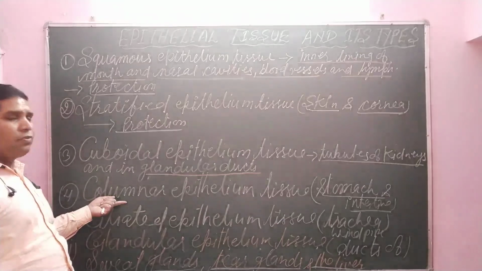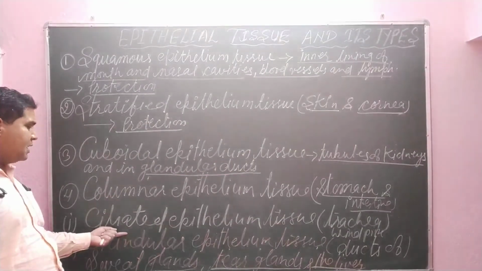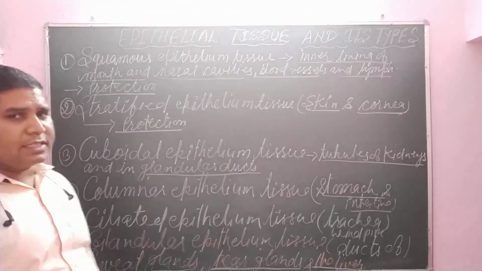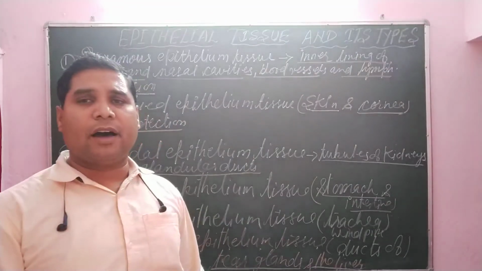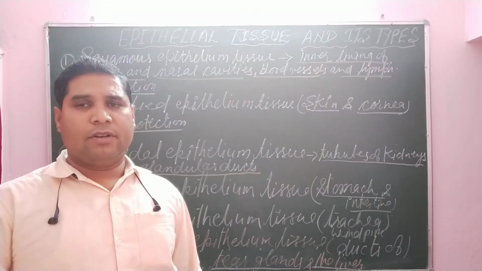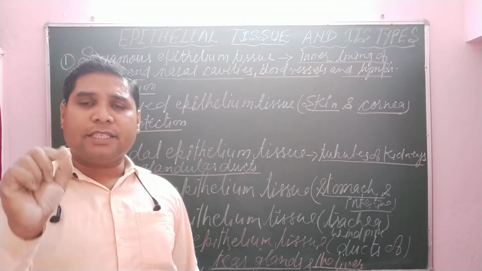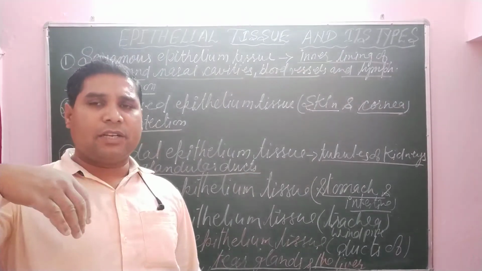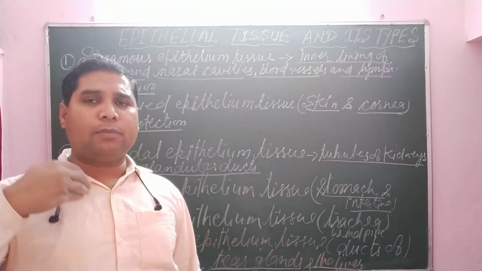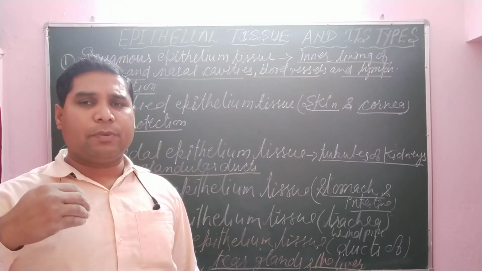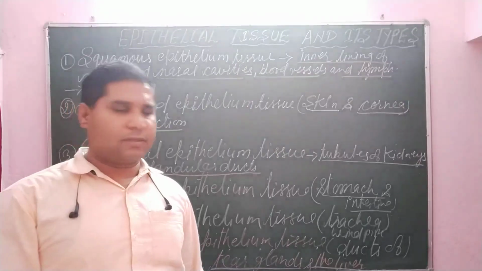Columnar epithelium tissue is further divided into two types: ciliated epithelium tissue, which is present in the trachea. In the trachea, fine hair-like structures known as cilia are present, and due to the lashing, the movement of the cilia helps to pass the material through the windpipe, dear student.